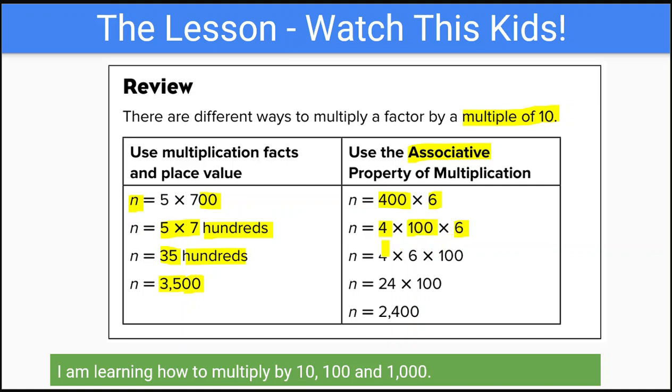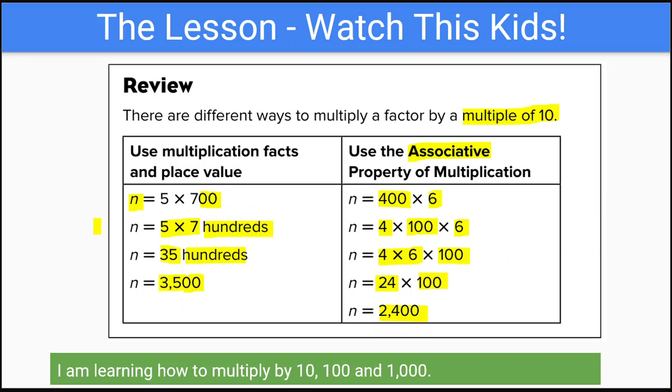Then because we can group them however we want, we can group the 4 and the 6 together, okay? And that makes 24. And you multiply it by 100. 24 times 100 equals 2,400. Now, this is a 24 with two zeros. It's the same thing as 2,400. Kids, you're learning how to multiply by 10, 100, and 1,000, okay?